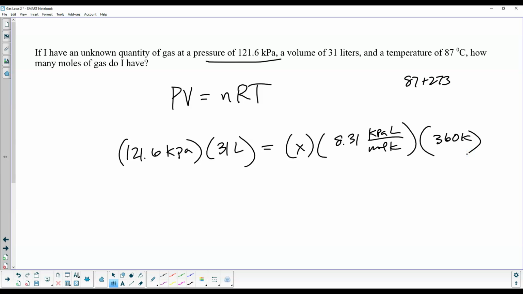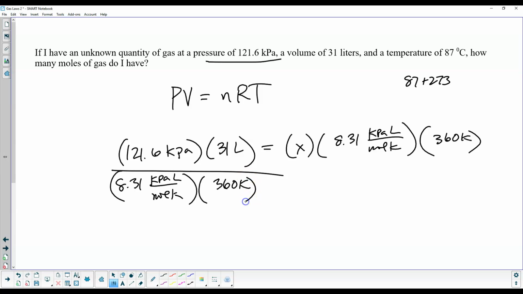Now all I need to do is solve for X, so I need to get it by itself. So I'm going to divide by 8.31 kPa liter per mole Kelvin and then 360 Kelvin. Now you'll notice liters cancel, kilopascals cancel, Kelvin cancels. We're left with moles, which is what we wanted.